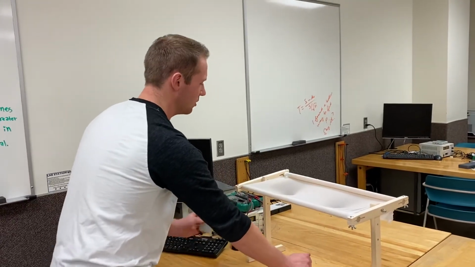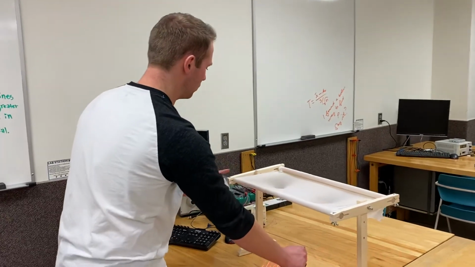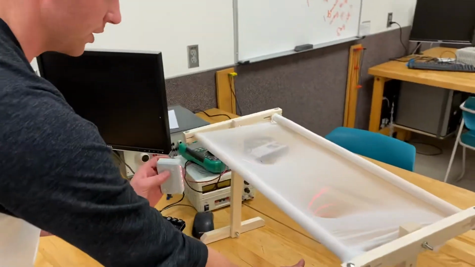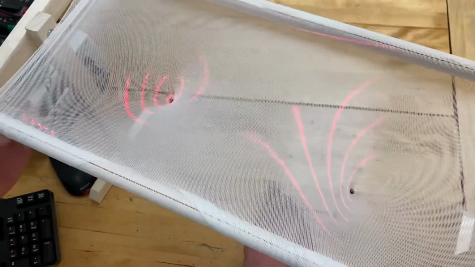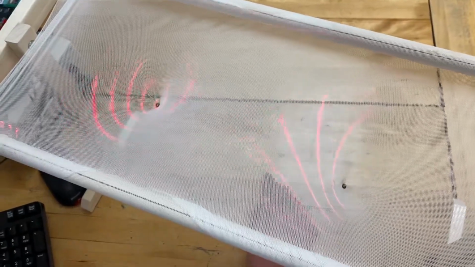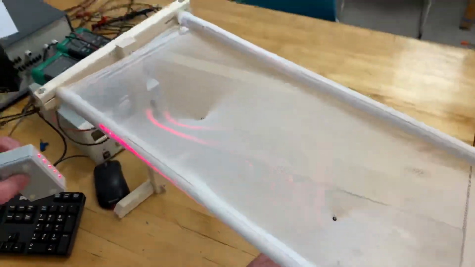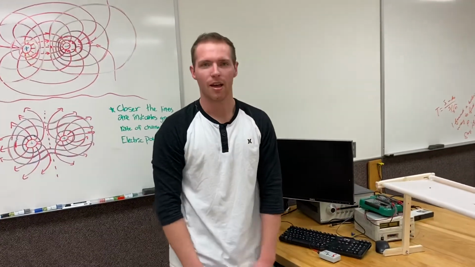This really helps me understand, so hopefully it helps you. If you can see it here, I have the same picture as what I had on the board. We have a circle around it, and then they connect right here. That's something that helps me understand it. Hopefully it helps you visualize it.